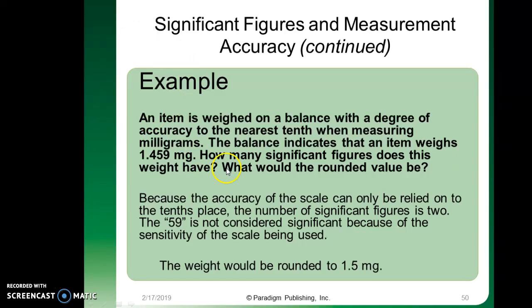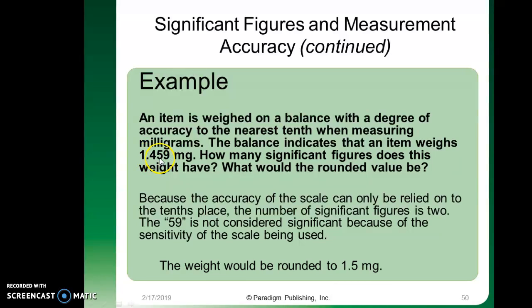So again, we said that this weight has a significant figure to the 10th place. So anything after the 10th place is not considered significant. Therefore, it only has 2 values that are significant, 1.4. But of course, there's the 5 next to it, so we need to round off, right? Because it's only accurate to the 10th place, which is the 4.